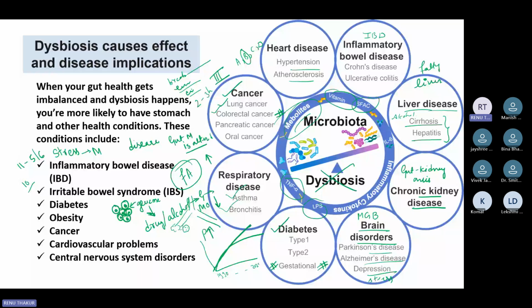It all depends on eating healthy and remaining healthy. So these are the diseases which we have just now studied: the CVD, cardiovascular problems, cancer, obesity, diabetes, and also the CNS, because our gut microbiome directly controls the central nervous system.